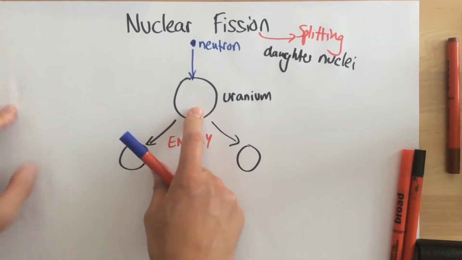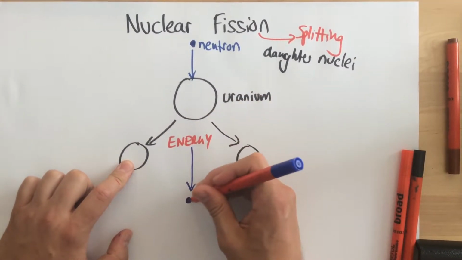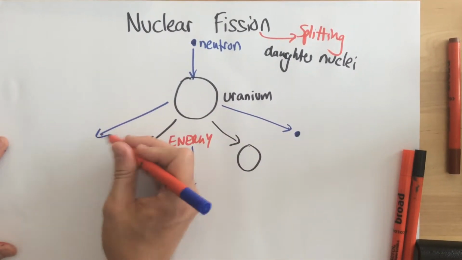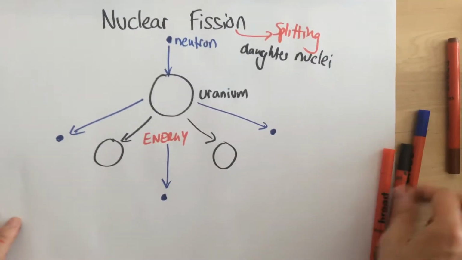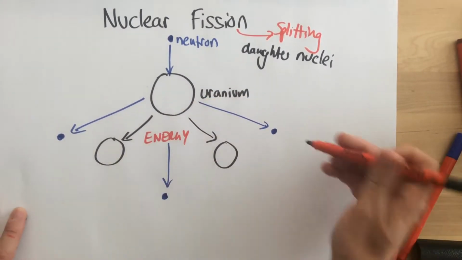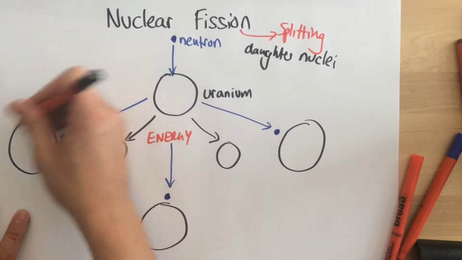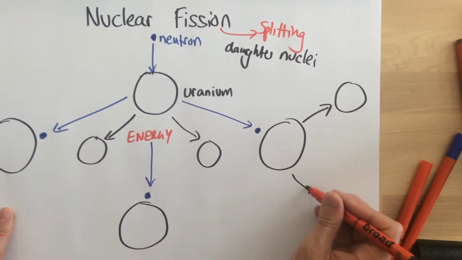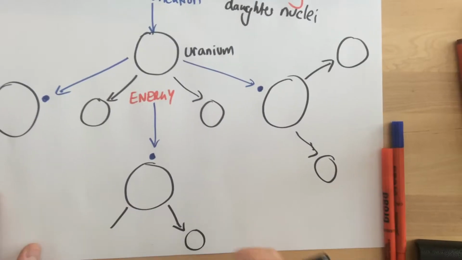Now, apart from these two smaller nuclei being released, we also have more neutrons being released as well. So these neutrons are also fired out in different directions. Each of these new neutrons that have just been released from this uranium nucleus can in turn hit other uranium nuclei, also causing these to split into smaller daughter nuclei as well.